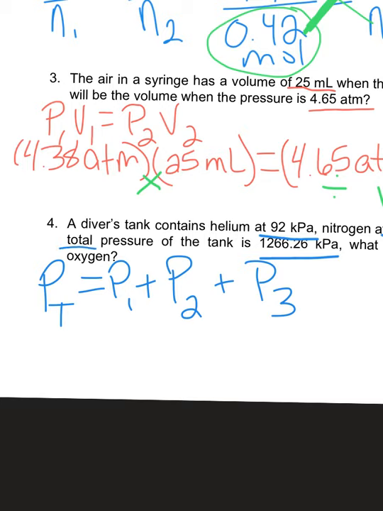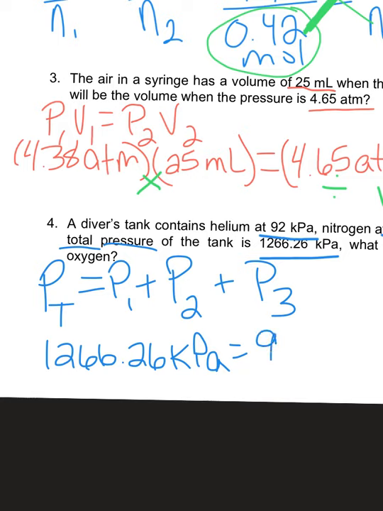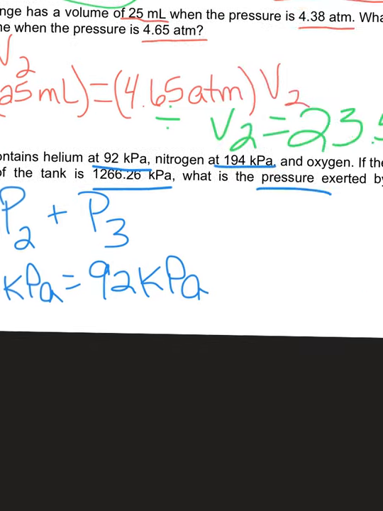The total pressure of the tank. So I have PT, total pressure, 1266.26 kilopascals. Okay. And then let's make helium P1 simply because it's listed first. 92 kilopascals.